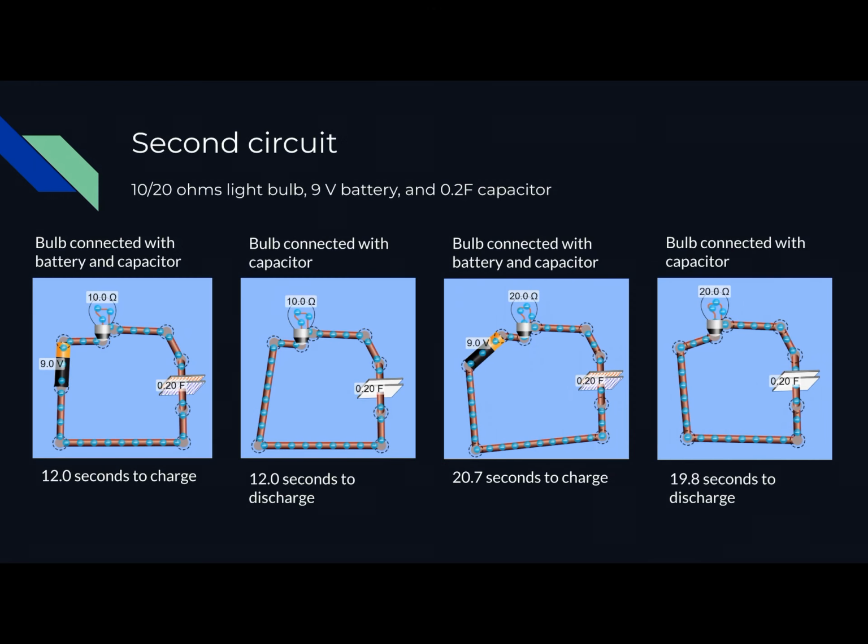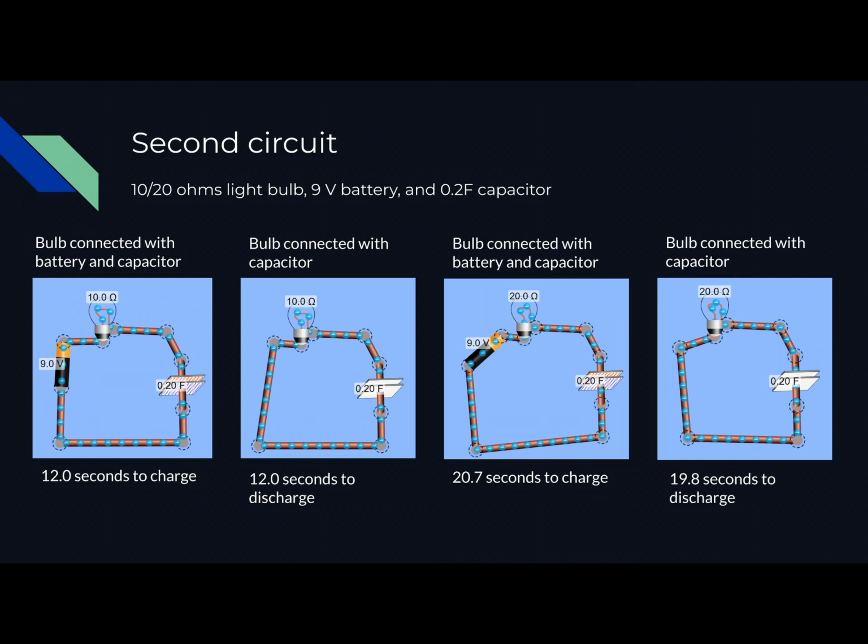Now for the second circuit, we did 2 tries. The first try was with a 10 ohm light bulb, a 9 volt battery, and a 0.2 F capacitor. The second try was with a 20 ohm light bulb. In the first one, we saw that they both charge and discharge in about the same time of 12 seconds.